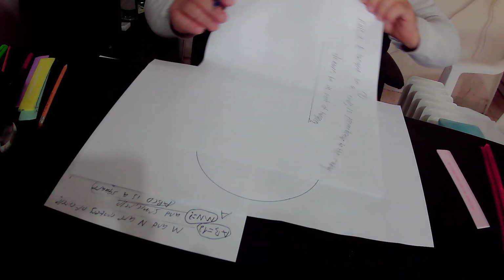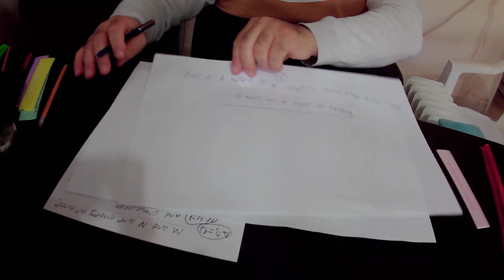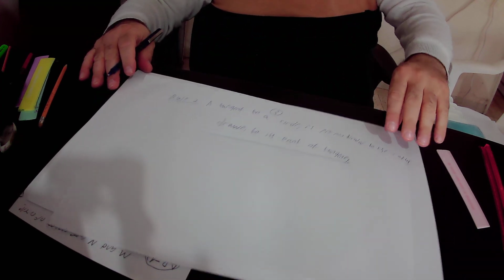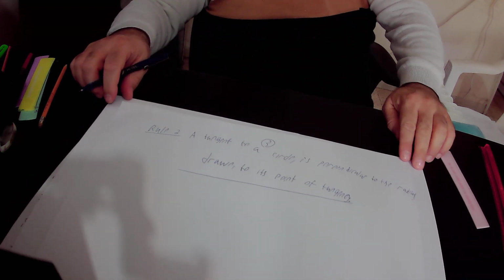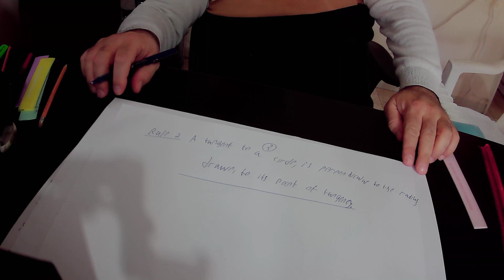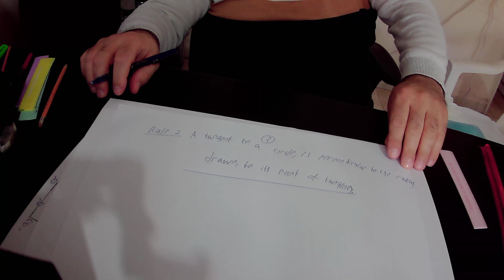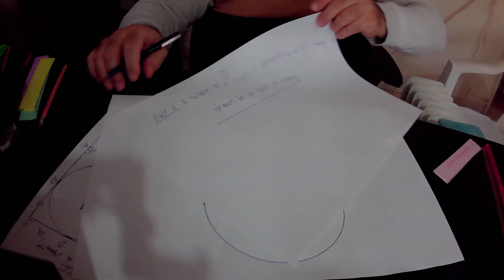So I read rule number 2 again. According to rule number 2, a tangent to a circle is perpendicular to the radius drawn to its point of tangency. So what is the meaning of rule number 2?